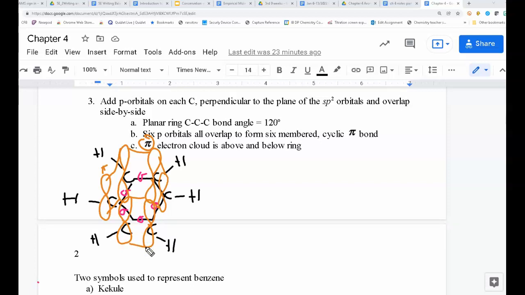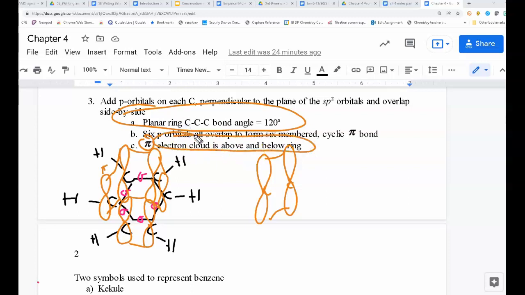So if I were to draw two of them, and this is where the carbons are, the pi bond overlap happens right in between them, above and below the plane of the sp2 orbital. It is above and below, and we need to make sure that we understand the planar ring has a bond angle of 120 degrees between each of the carbons, and the electron cloud is above and below the ring.